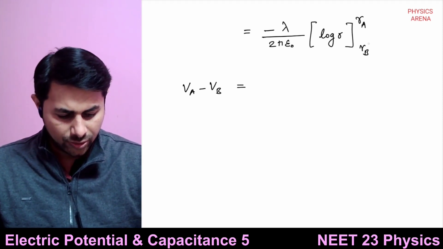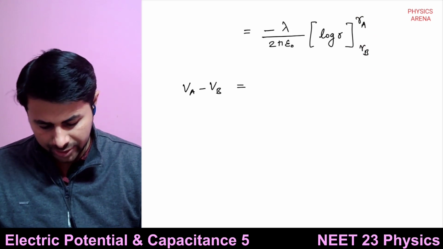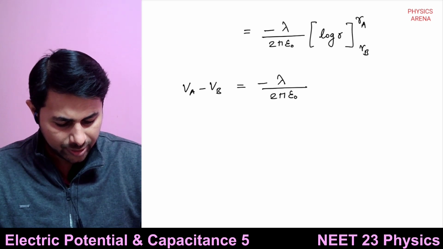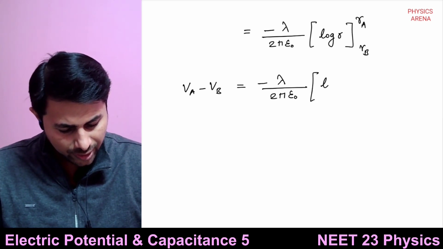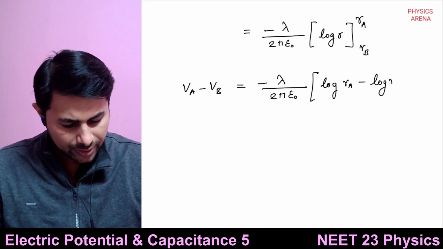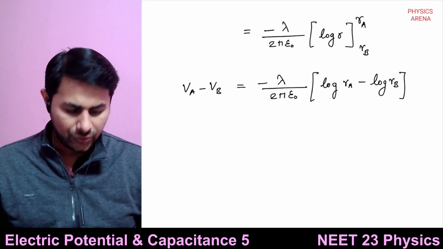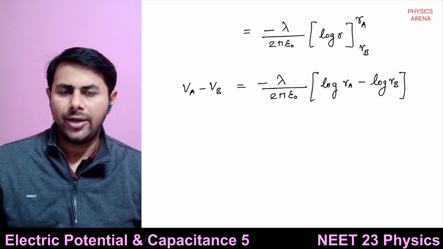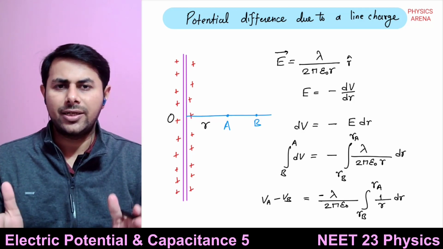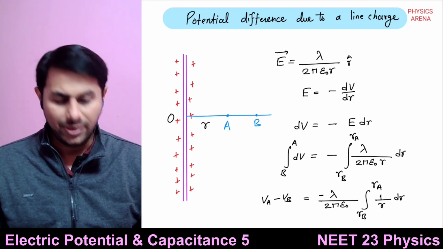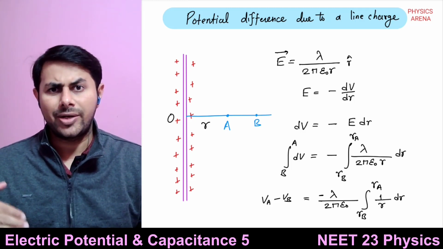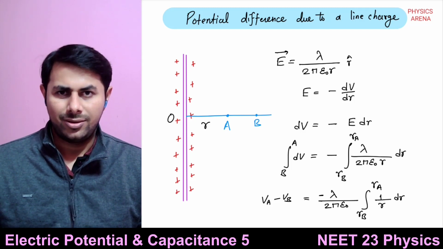And then we can substitute the lower and upper limits. So what we get is minus lambda divided by 2 pi epsilon naught, and it is log of RA minus log of RB. Okay, but notice that point B is at greater distance, right? So RB is greater than RA. That means since RB is greater than RA, log of the bigger number will be bigger, right?